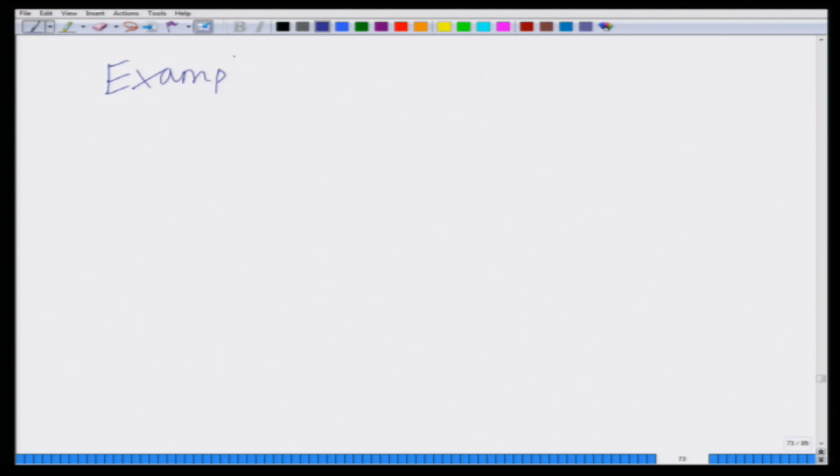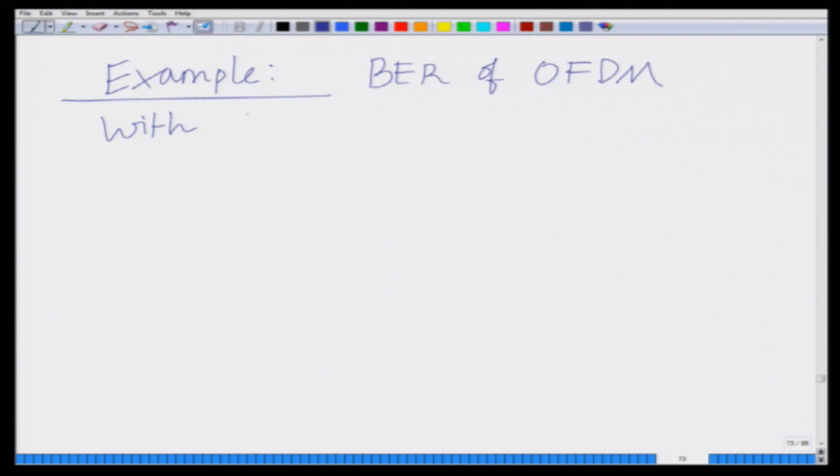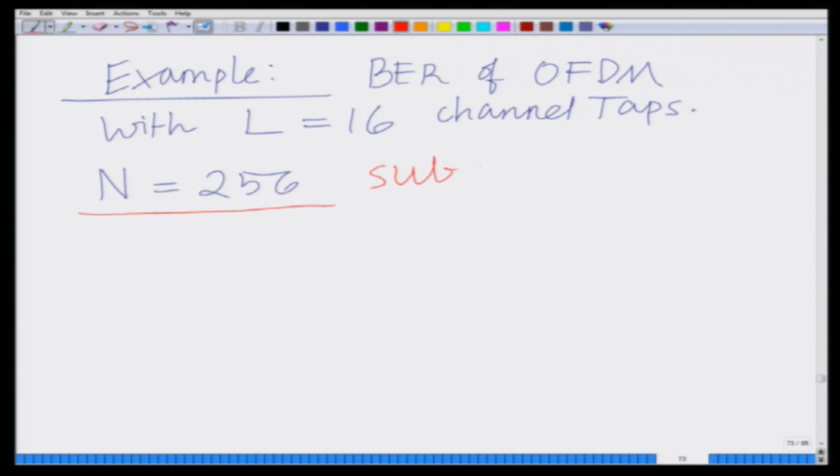We want to calculate the bit error rate of an OFDM system with L equal to 16 channel taps, N equal to 256 subcarriers, and an SNR of 35 dB, which is basically P over sigma squared.